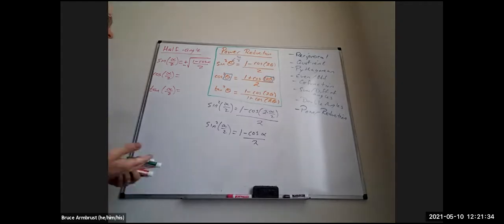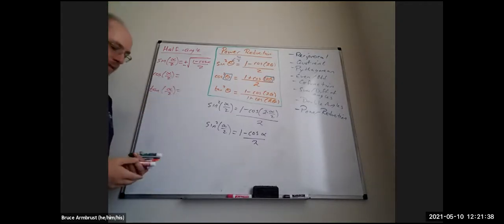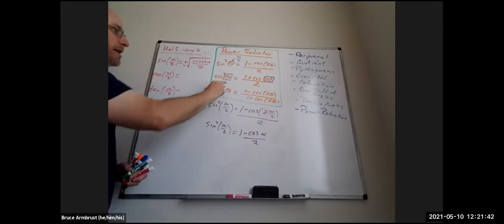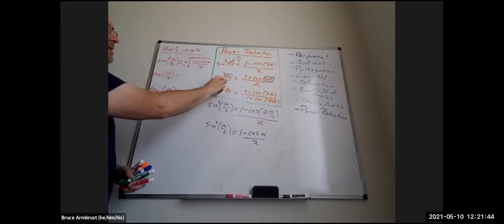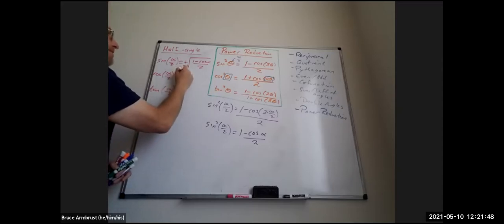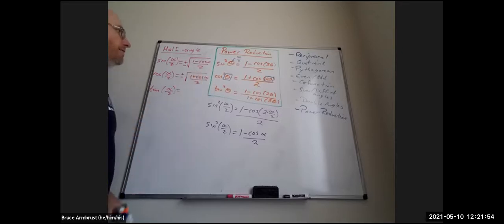All right, well, if you want to develop the other ones, you do exactly the same thing. Like for the cosine of alpha over 2, we put alpha over 2 in for theta, and then we take a square root. So you're going to get plus or minus the square root of 1 plus cosine of alpha over 2.